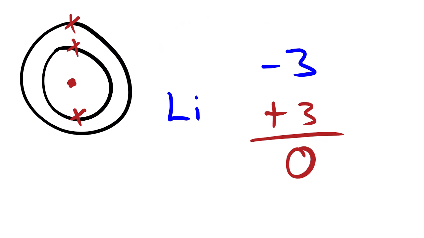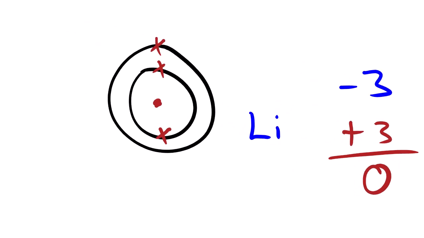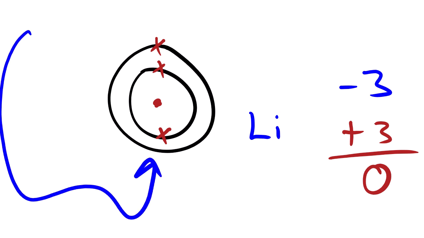So instead of just putting 3, I'll just add 4. Then minus 4 plus 3, you will end up getting minus 1. But how do we achieve this minus 4? It's just by getting another electron. Just find an electron anywhere and put it on this shell.